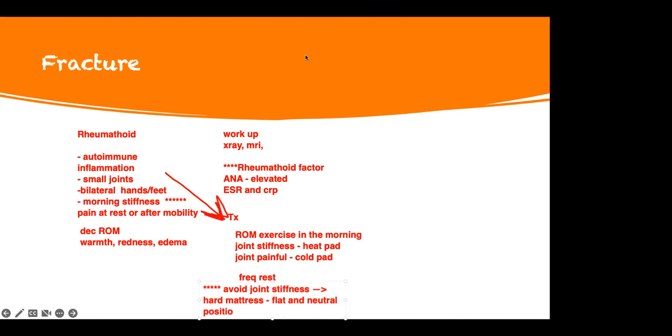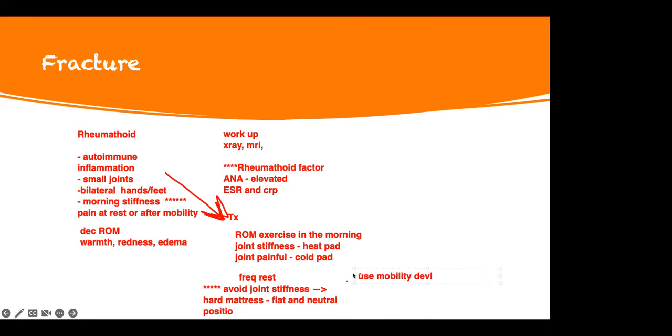In order to do that, yeah, they have to sleep flat and in a neutral position. And so they lie on a hard mattress. There's nothing wrong if they give you a mobility device. Even in osteoarthritis, you can use a mobility device.